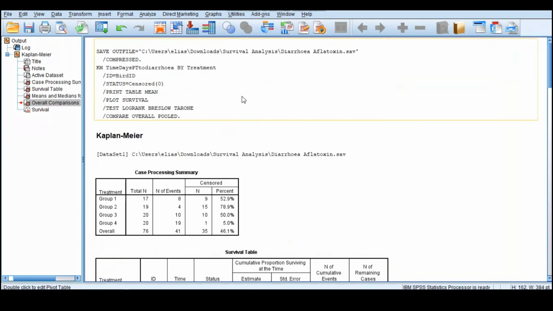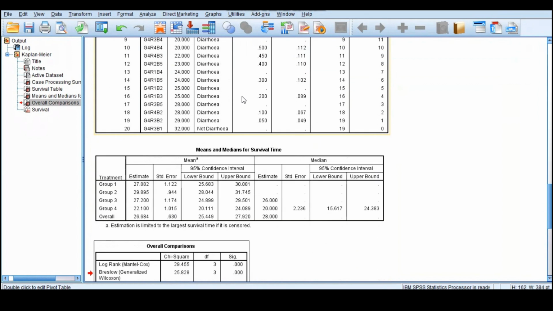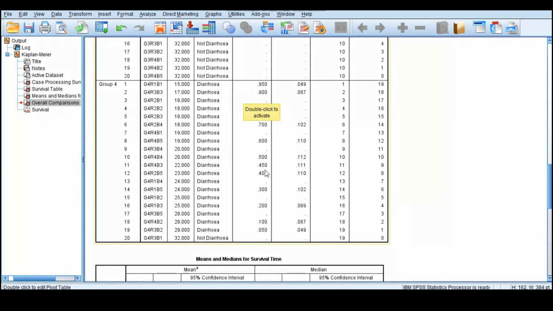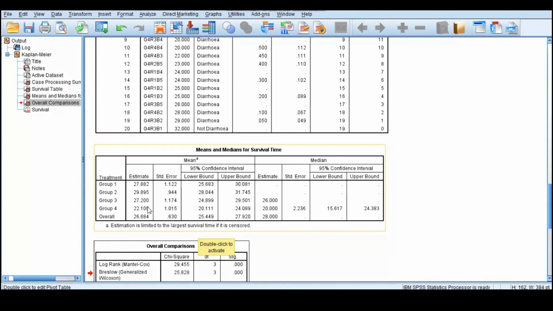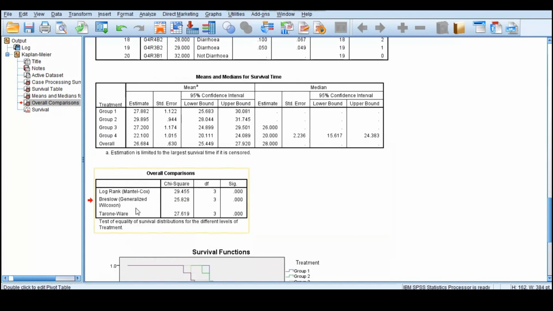If you go back, you'll see that in group 4 it's only one bird that didn't experience diarrhea, which was censored. So group 4 might be the least recommended, or if it is an intervention, it will be the least recommended, because these birds are going to experience diarrhea in the shortest time possible.